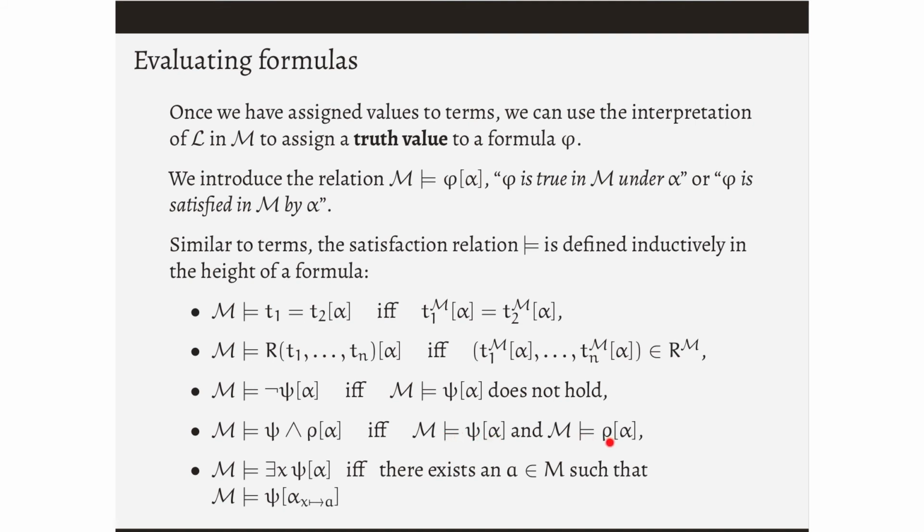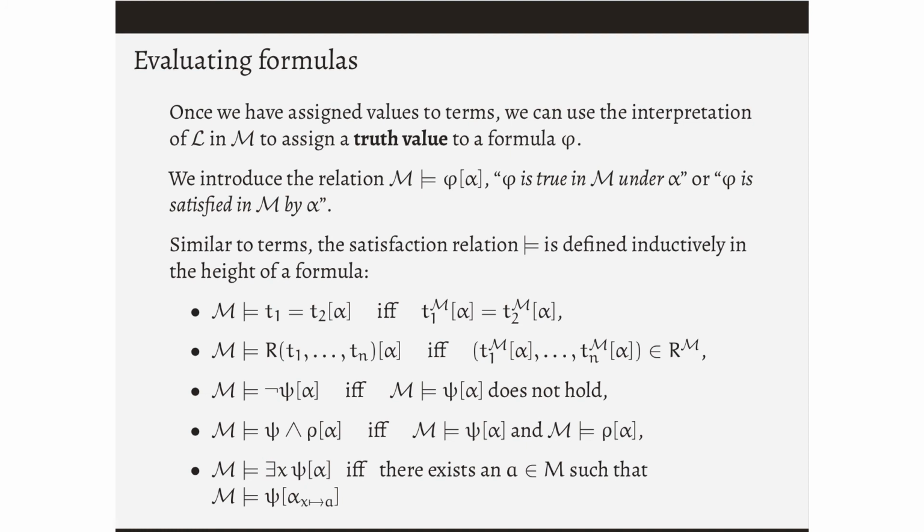And finally, the existential quantifier. Existential quantification of a formula psi holds, or is true in M, if and only if there actually exists a witness that makes this existential quantifier true.